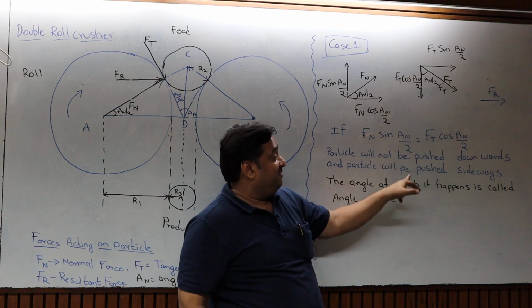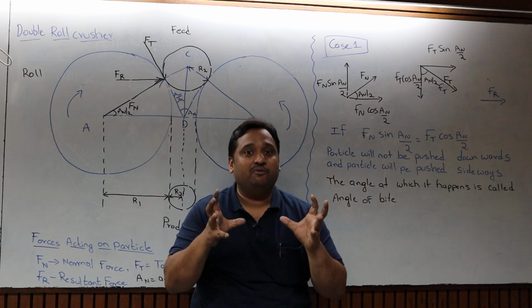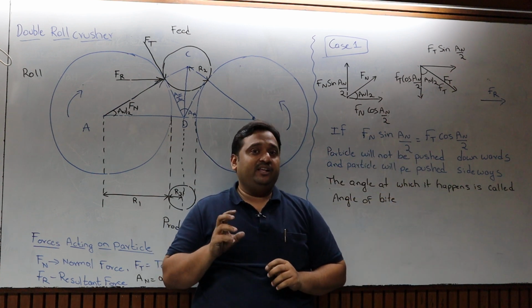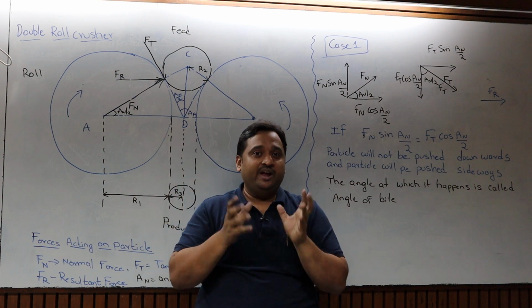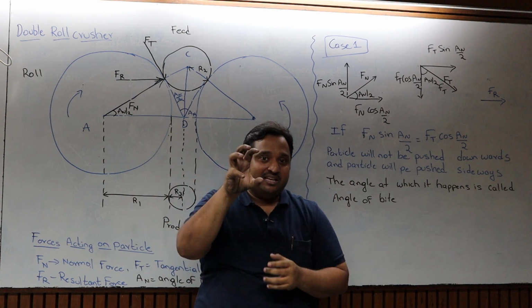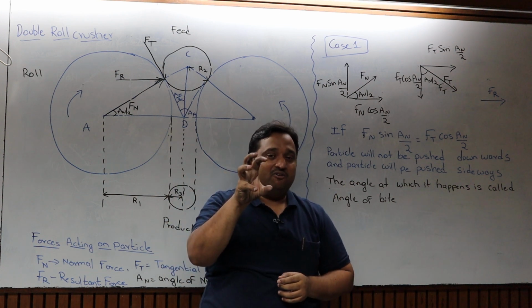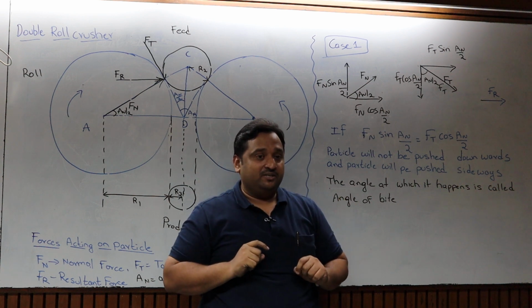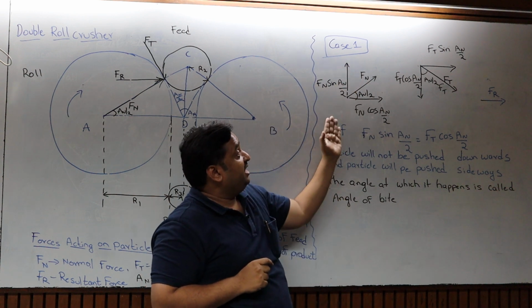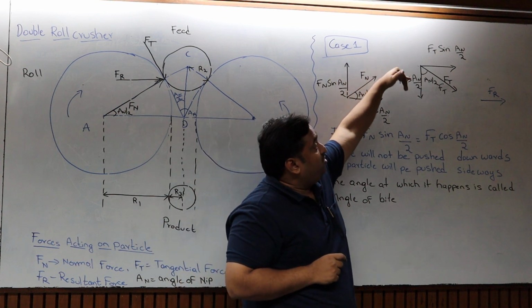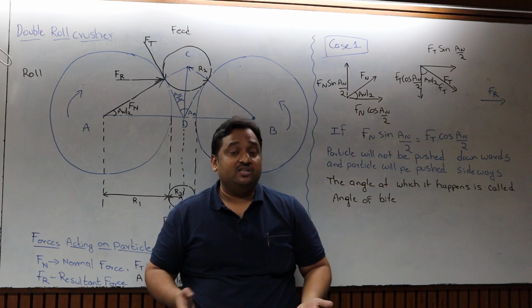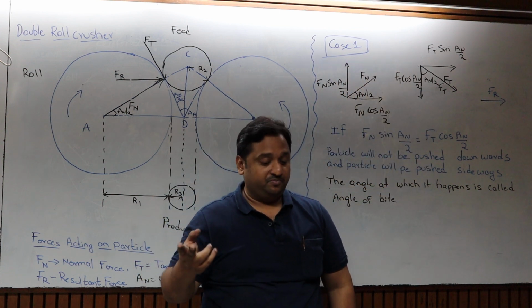The angle at which this happens is called the angle of bite, because neither does it go up nor down, it simply stays, just like something is bitten there. This comes in case 1, if the upward force is equal to the downward force. Let us go to case 2.